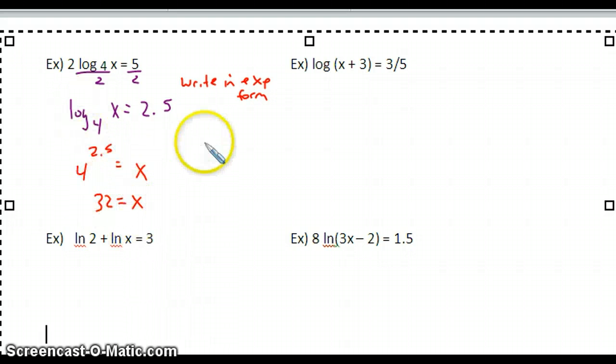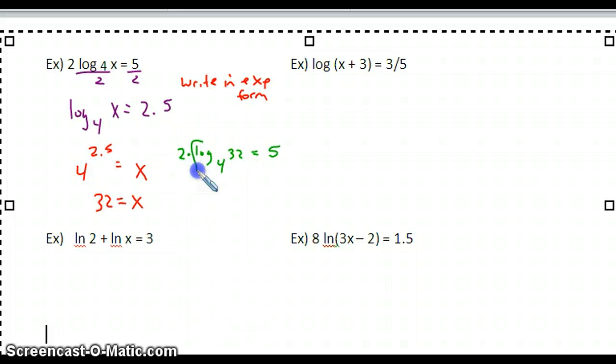We can go back and check it to make sure that this works. If we do a check, we would do 2 times the log, base 4, of 32 equals 5. So we have to figure out what is the log base 4 of 32.